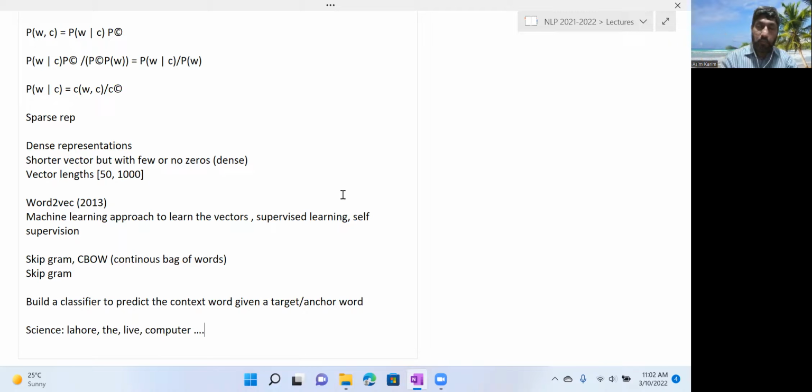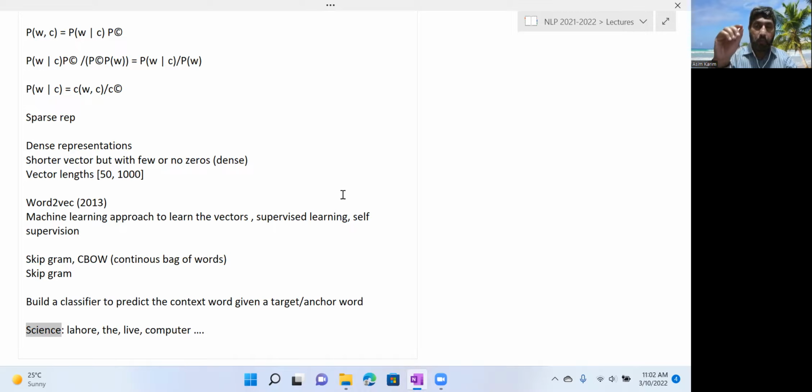But the interesting thing is, this is not the goal of our task here. Of course, we are learning this model, and after we have learned this model, we simply use the weights for the word science as a representation for this word.